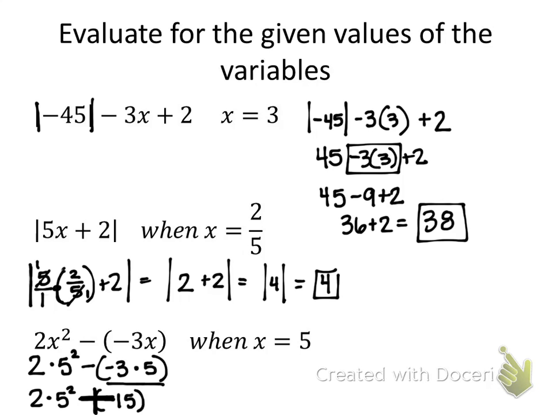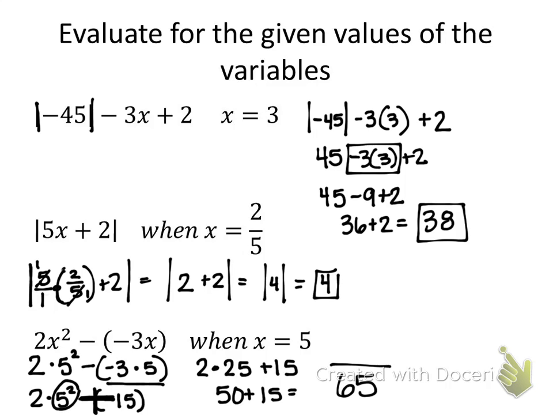You have to do exponents before I multiply 2 times 5, okay? So, 5 squared is 25. So now I've got 2 times 25 plus 15. What am I going to do now? 2 times 25, which is 50, plus 15, which is 65.